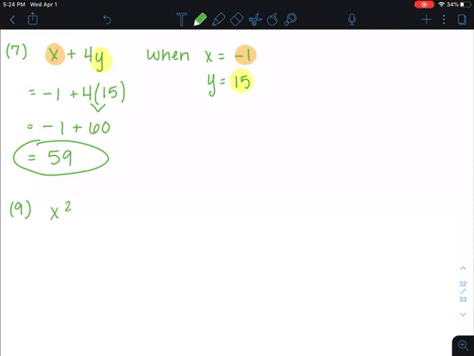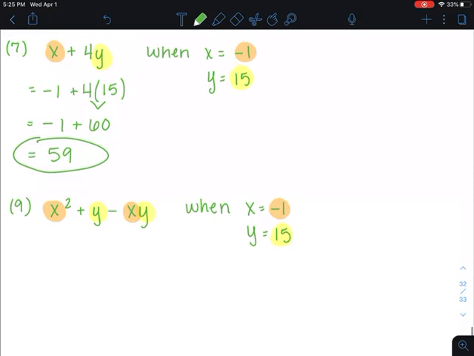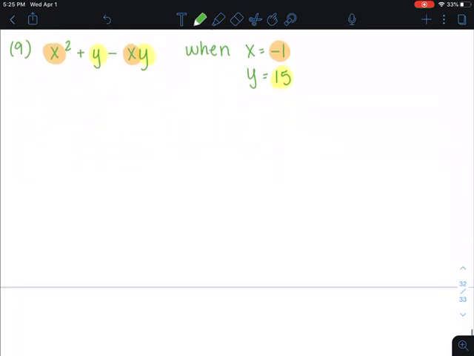Alrighty, let's look at number 9. For number 9, we have x squared plus y minus x times y. And x and y are still the same as the last problem. So y is 15, x is -1. You'll plug in x and y more than one time in this problem.